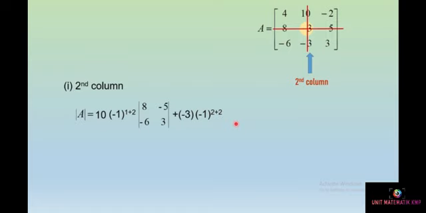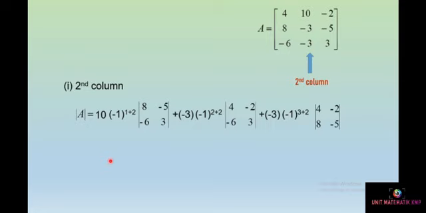Then write the resulting determinant, and plus the last element of the second column, which is the element in row 3 column 2. So 3 times its cofactor, negative 1 to the power row 3 plus column 2, then delete its row and column, then write the resulting determinant.